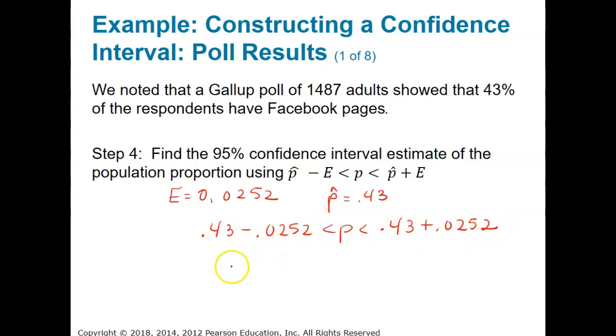So when we simplify this, this is going to simplify to be 0.405, and this one is going to be 0.455. You could write it as 0.405 comma 0.455. That would also be an acceptable way to write that.